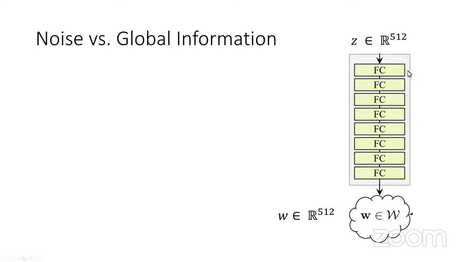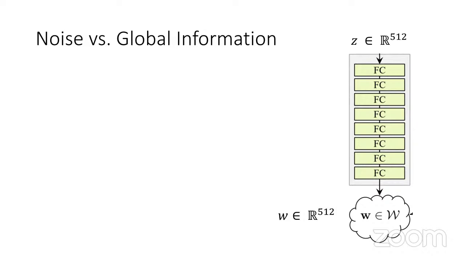So this is a multi-layer perceptron with 8 layers that takes one input vector Z and maps it to one output vector W. So the difference here is that the input to the mapping network is the vector Z, where each of the 512 components is sampled randomly. So there's no relationship between two components, and no component really knows what the other one is doing. They're really generated completely independently.